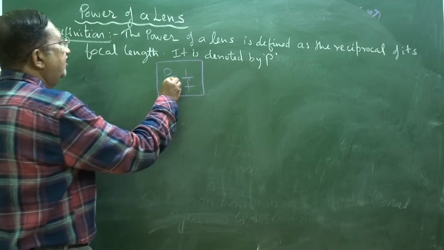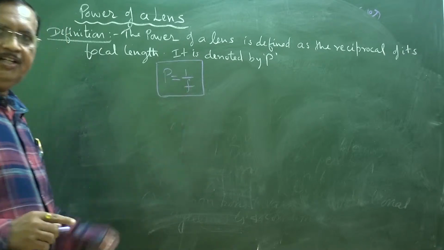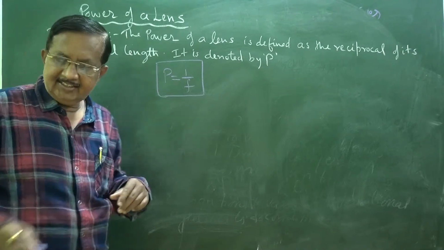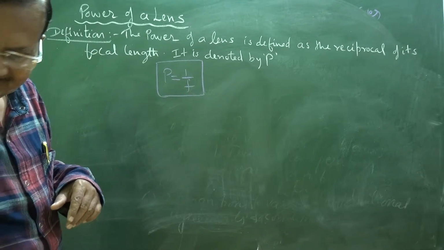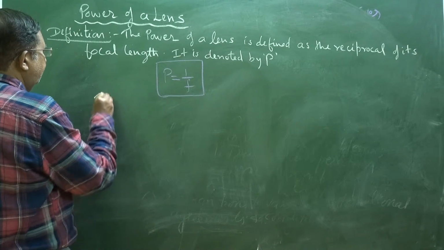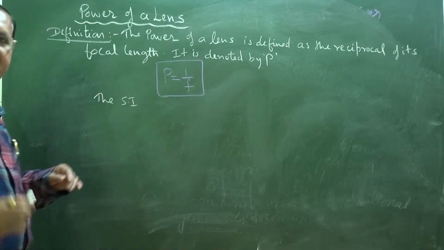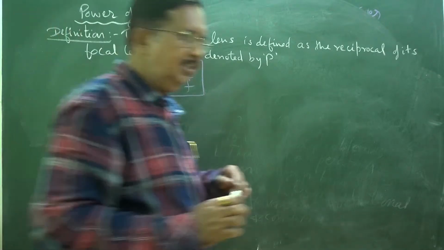Okay, children, so P is equal to 1 by f. This is the formula to find out the power of a lens, and the SI unit. Nowadays we are all using SI only, System of International Units.